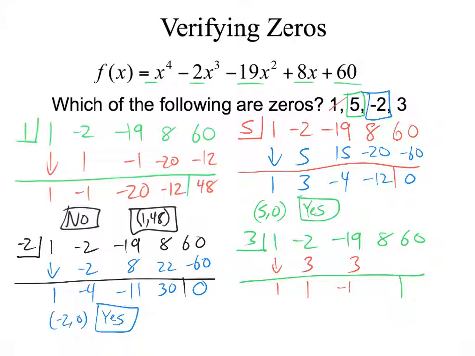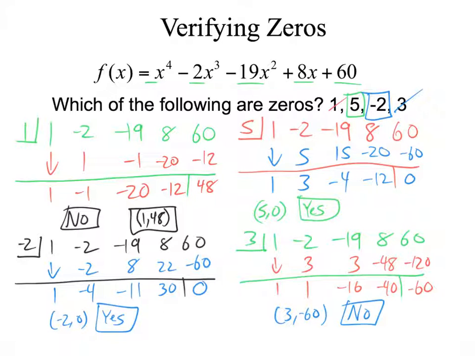We get -16. 3 times -16 is -48, which gives -40. And that would be -120, which gives -60, which is not a 0. Yes, we have a coordinate of (3, -60). Yay, give me a coordinate. But this is not a zero. No, it is not. Cross it off.